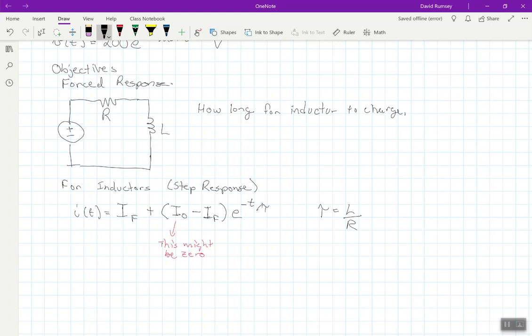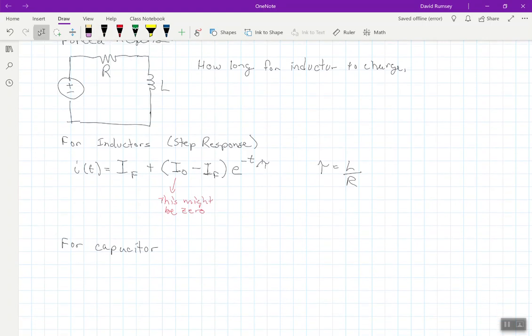And then for the capacitor, I'm not even going to bother drawing the circuit because you can probably imagine it's just replacing the inductor here. We have the voltage here. Whoops, I'm writing currents down here, and these should be voltages.